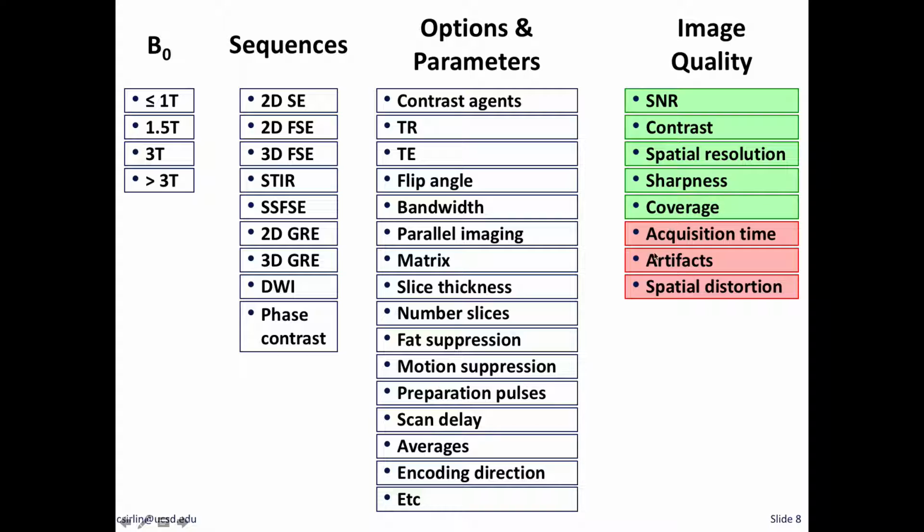Now, one thing I mentioned at the last lecture, but let me emphasize it again, is that 3T compared to 1.5 T will have approximately twice the signal-to-noise ratio, but it will also have twice the artifact-to-noise ratio. And that makes sense, right?